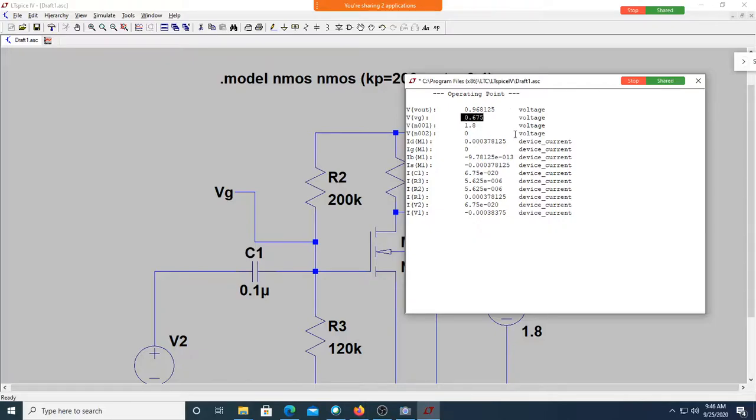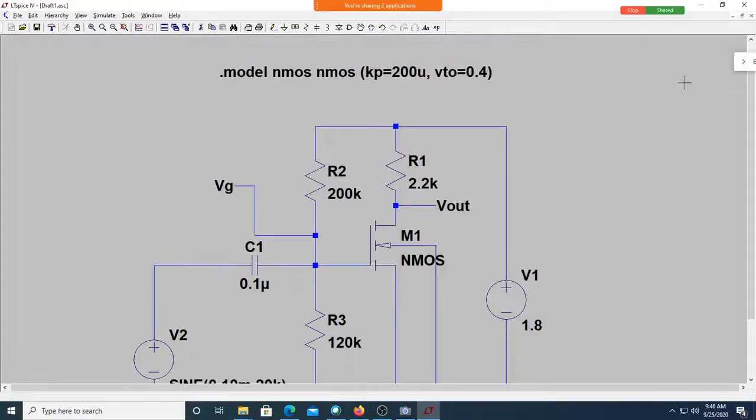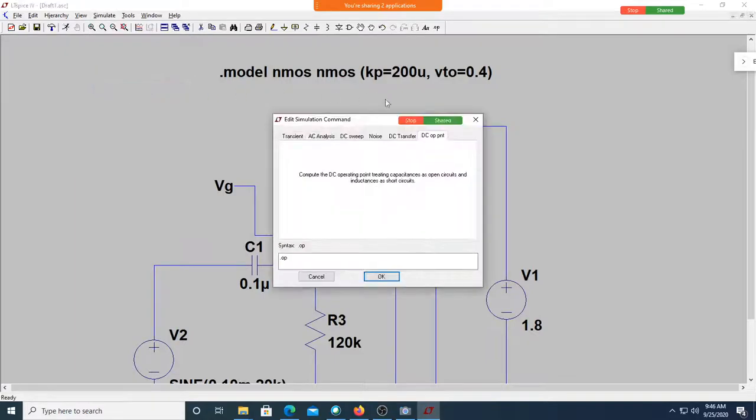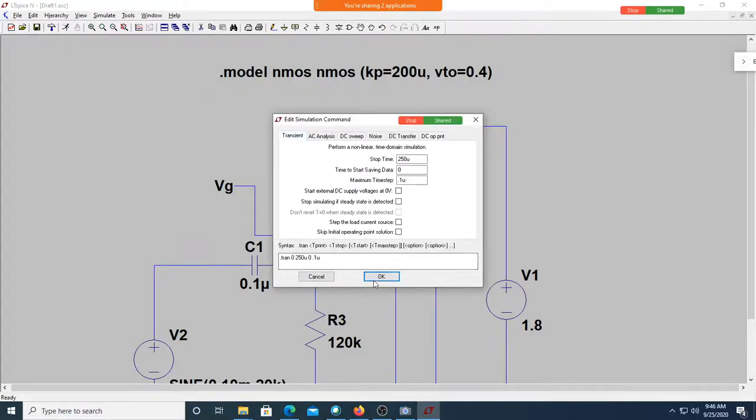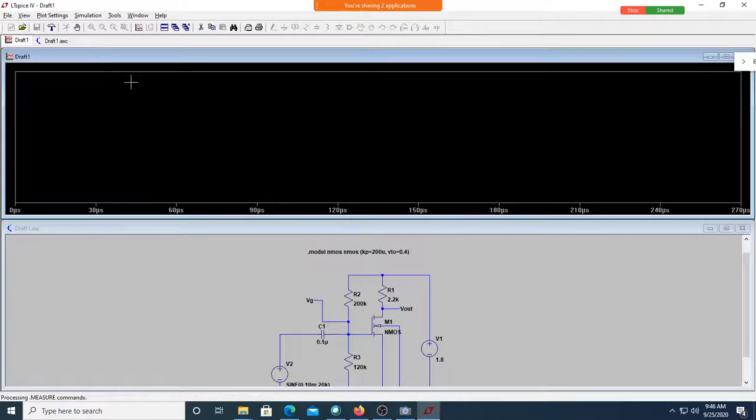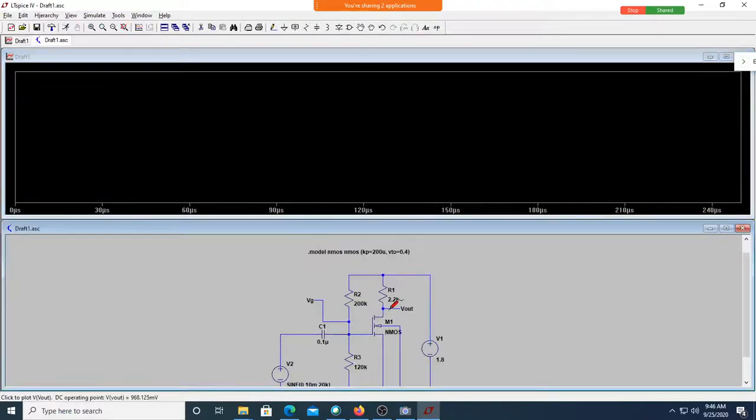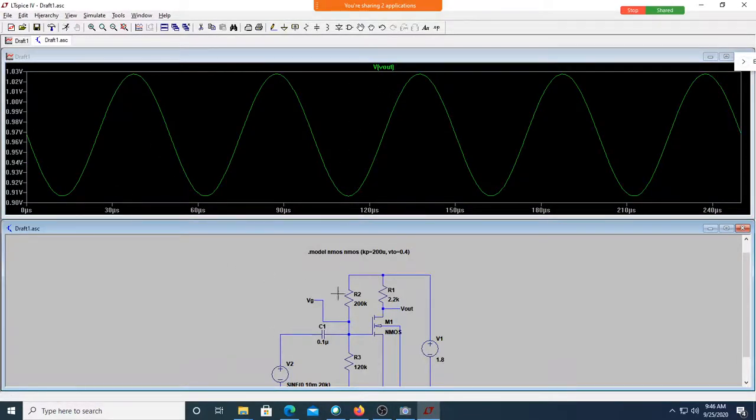So now I'll stop this and again go to the simulation command and do this transient. I will redo it and run it. I'll see this only. Can you see now?